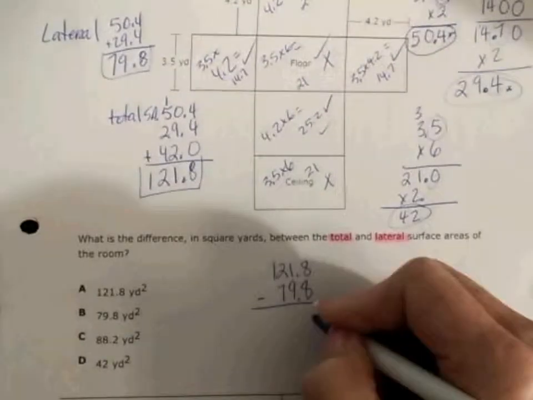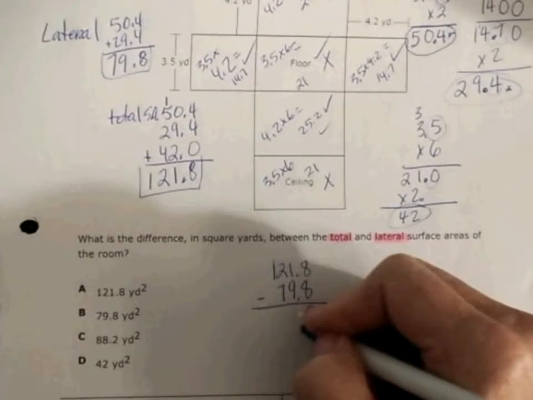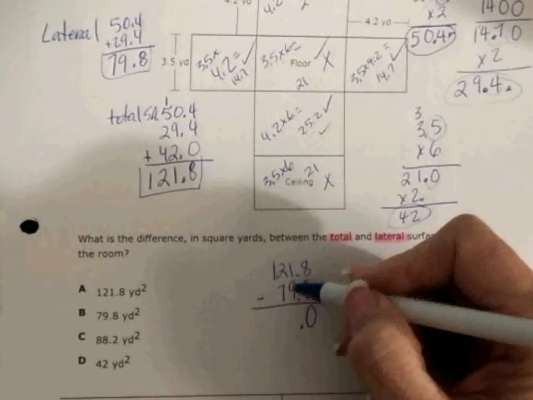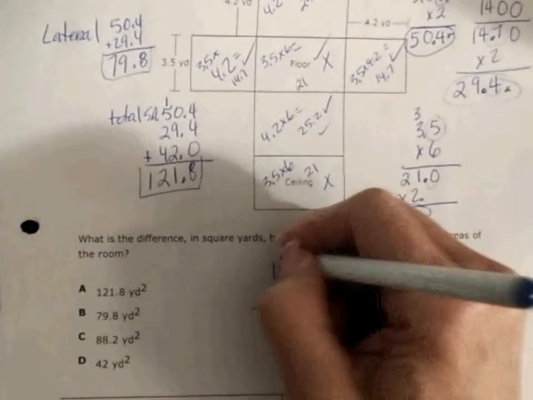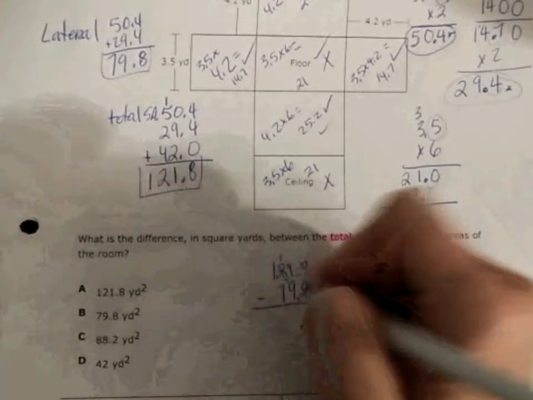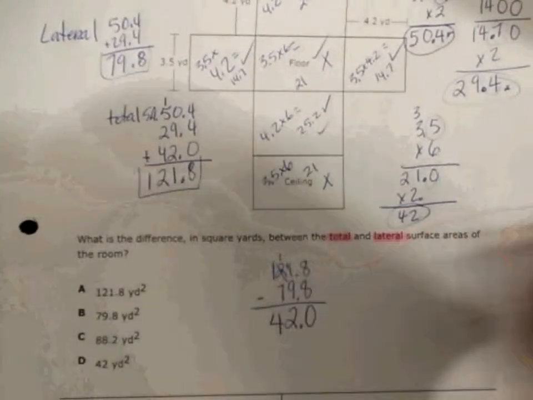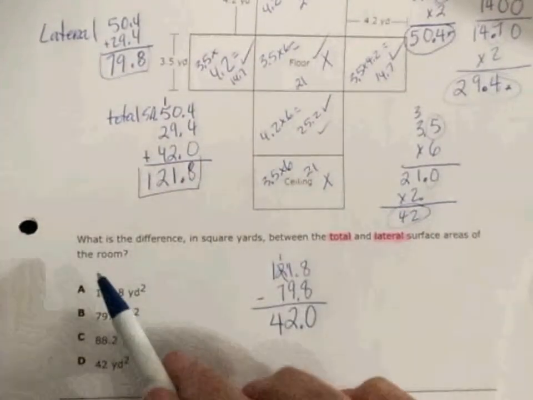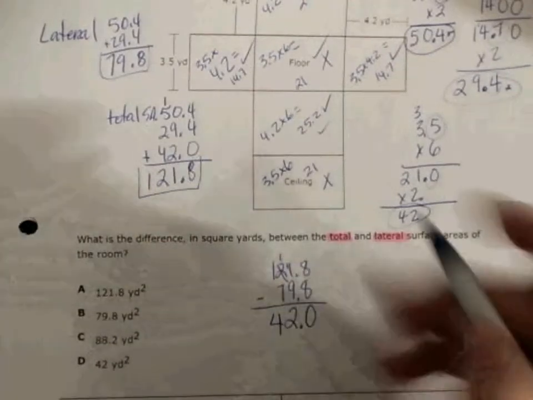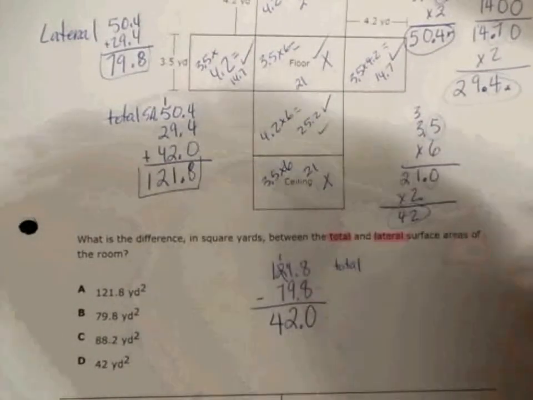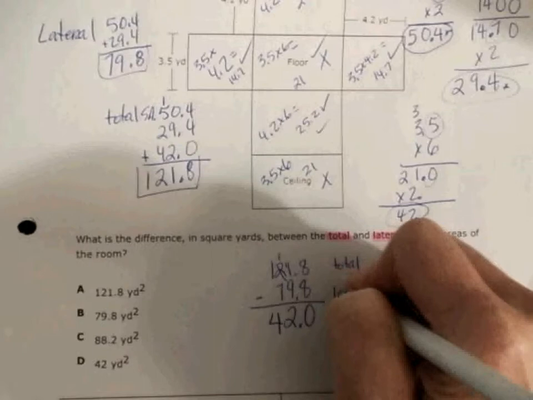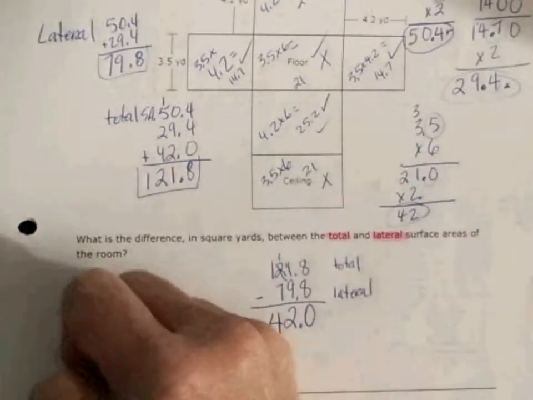Cannot subtract 1 from 9. 9 is bigger than 1, so I need to borrow. 11 minus 9 is 2. And then 11 minus 7 is 4. So the difference in square yards between my total and my lateral is 42 square yards.